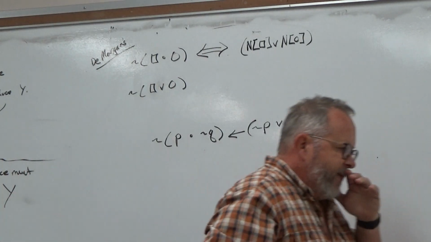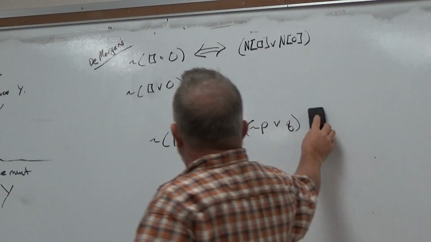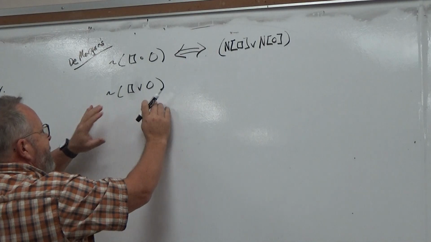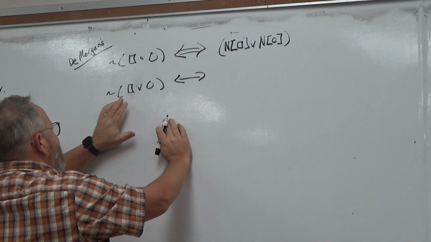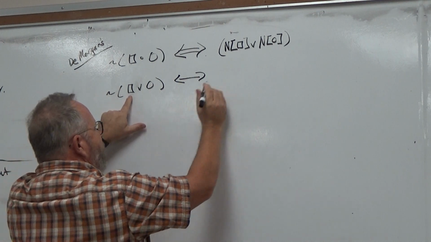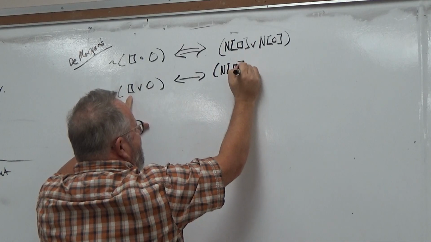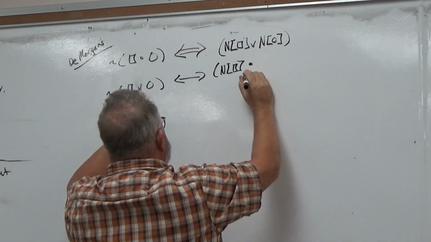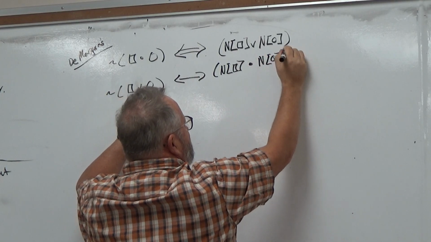And now, our first example was a negated conjunction, but you can also apply De Morgan's to negated disjunctions, okay? And so you push the negation through, so we get the opposite of whatever the box was, and the or changes to an and, we get the opposite of whatever the circle was.